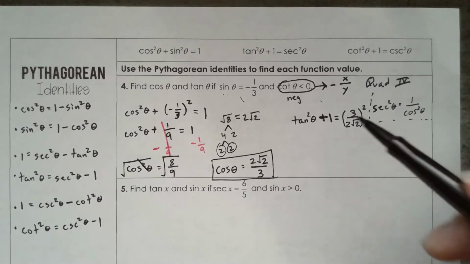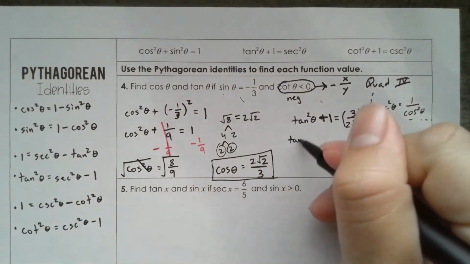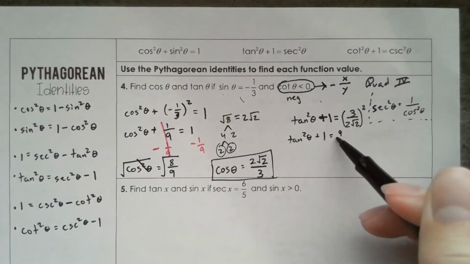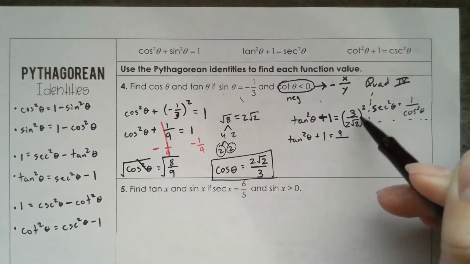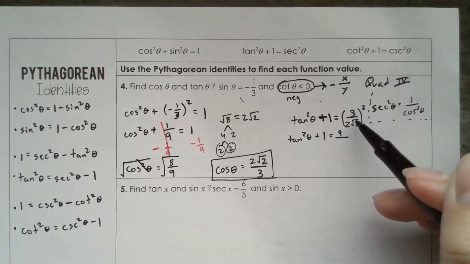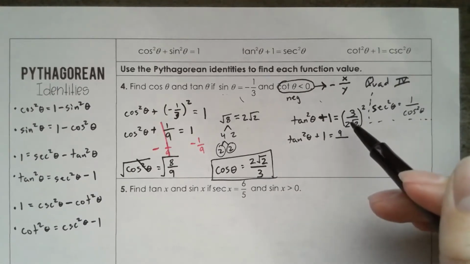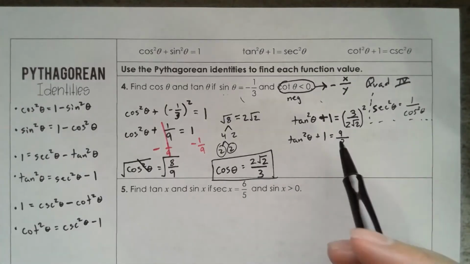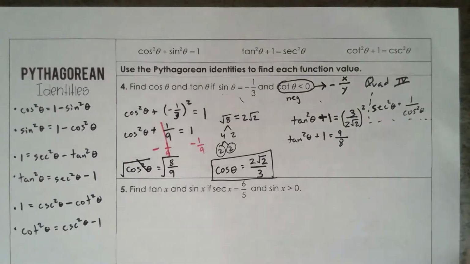Tangent squared theta plus 1 is equal to 3 squared, 9. 2 squared is 4. The square of the square root cancels, so that just gives me a 2. So 4 times 2 is 8. You guys can see why I said earlier it doesn't matter which one you plug in, you'll get the same thing, being the reciprocal here because it was secant. Subtract 1 from both sides.